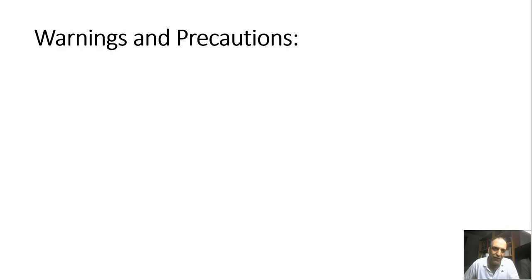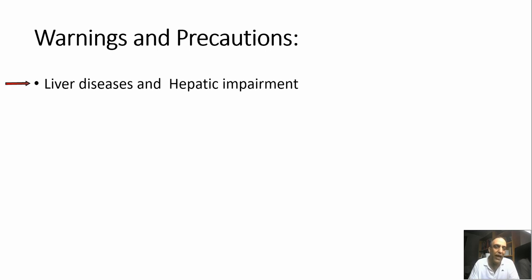Kidney failure can also decrease excretion, and those patients must be monitored in this situation. We have to pay attention to liver disease and hepatic impairment, because it is one of the important things.